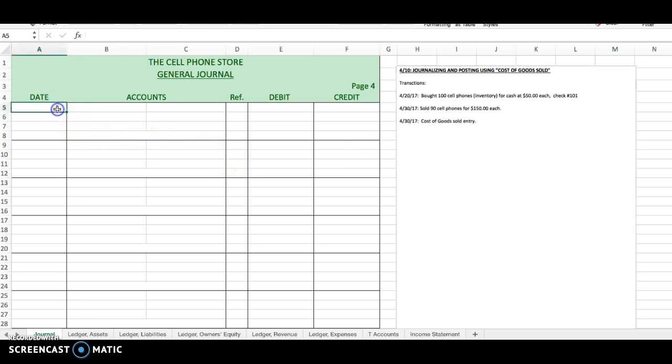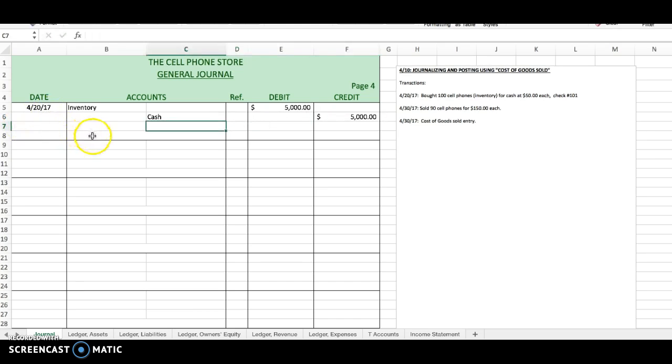So the date is for 2017, and the debit is to inventory, as we just saw in the T account. That's the name of the account. We bought cell phones, but our account name is inventory. And we debited, right? Because we now have increased our inventory. The credit goes to cash. We spent cash, and we spent $5,000.